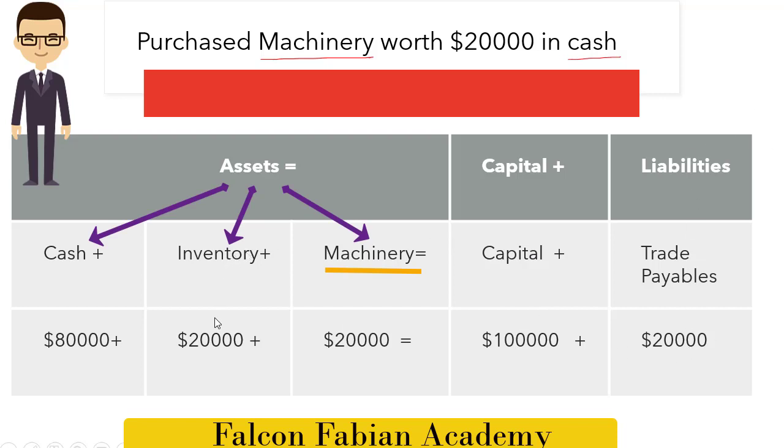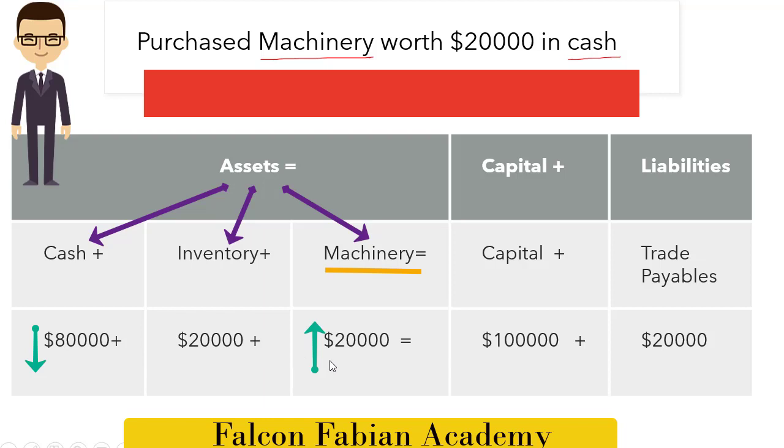So inventory is same 20,000 as the previous transaction. Machinery has come in over here, so machinery has gone up. And how did you pay for this machinery? You paid by cash. So your cash has gone down to 80,000. Why? Because you paid for the machinery. So assets has cash $80,000, inventory $20,000, and machinery $20,000.